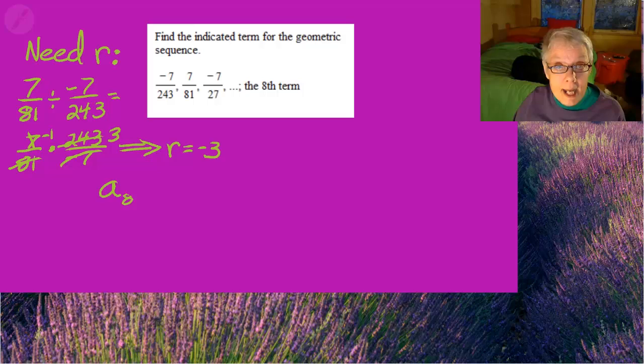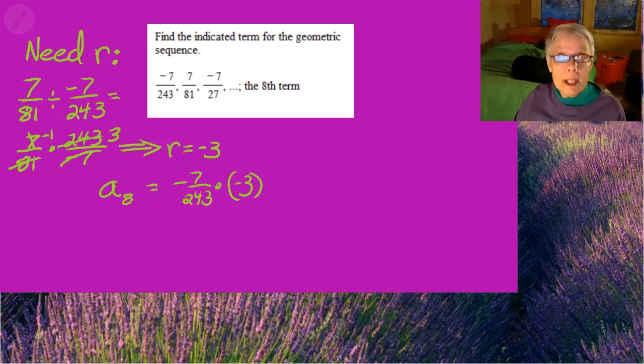So to find the 8th term, we'll take the first term, which is admittedly kind of ugly, -7/243 times -3 to the 8 minus 1 power, which is 7.